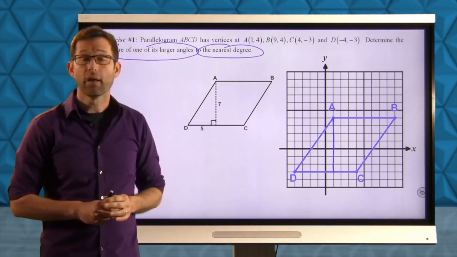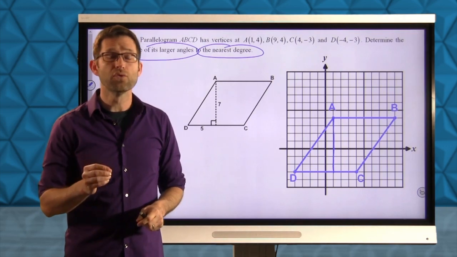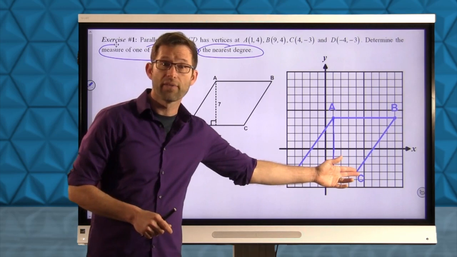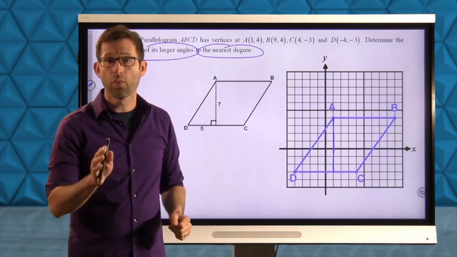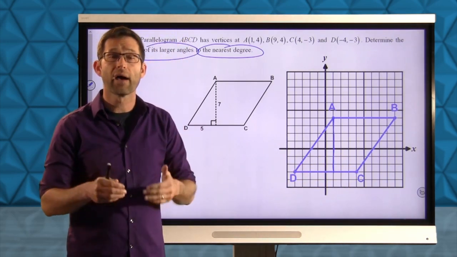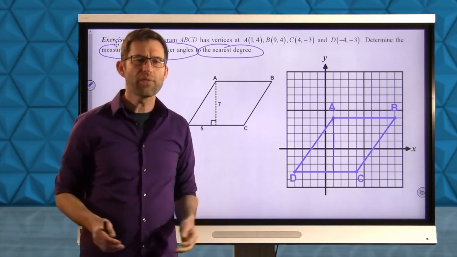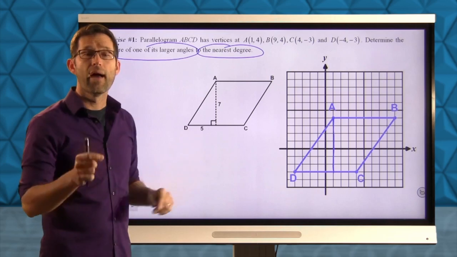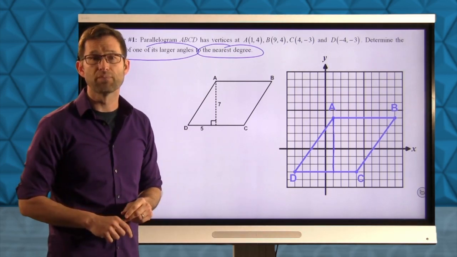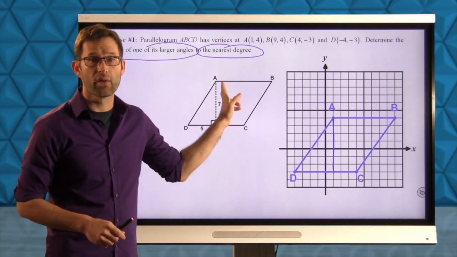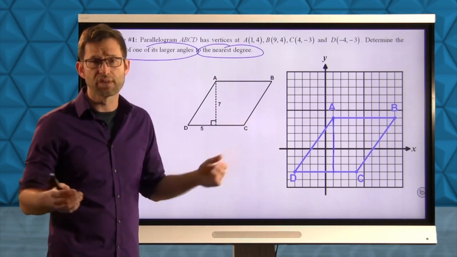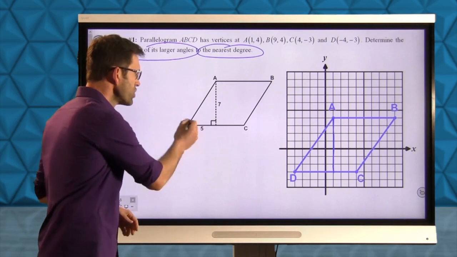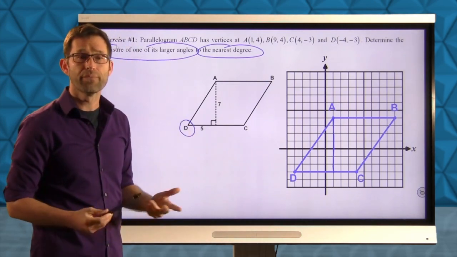Honestly, at this point, there's no way to use right triangle trig to find the measure of angle A or angle C directly. We will have to do multiple steps. So I think what I'm going to do is use a trig ratio to find the measure of angle D and then use that supplementary relationship to find the measure of either angle A or angle C. They're the same, opposite angles in a parallelogram. So which trig ratio should we use to find the measure of angle D? Think about this for a moment.